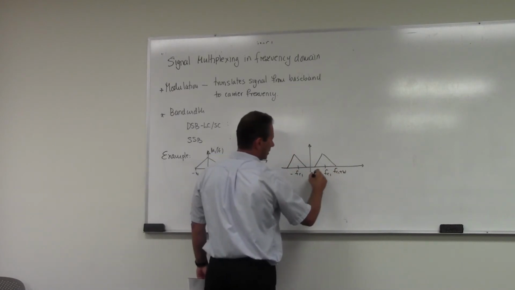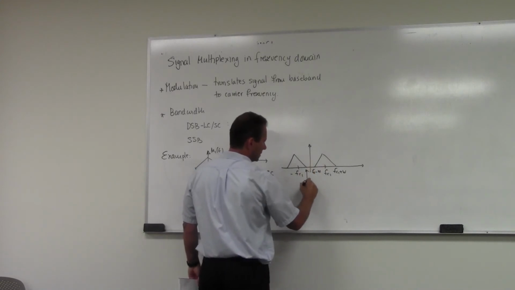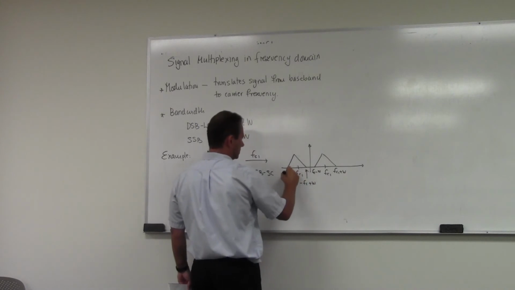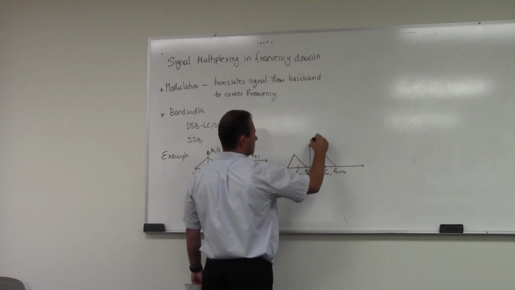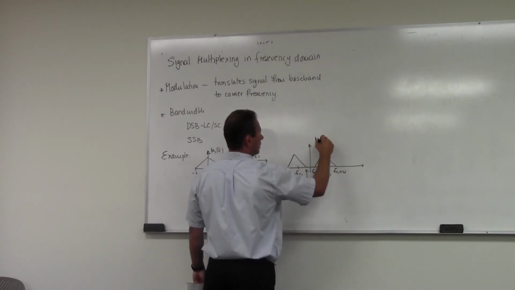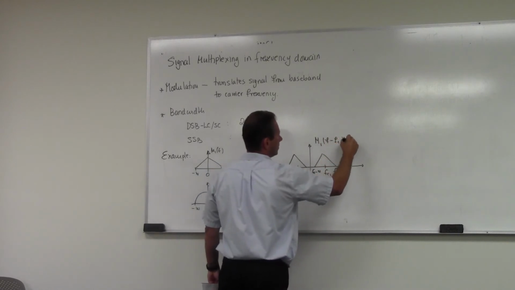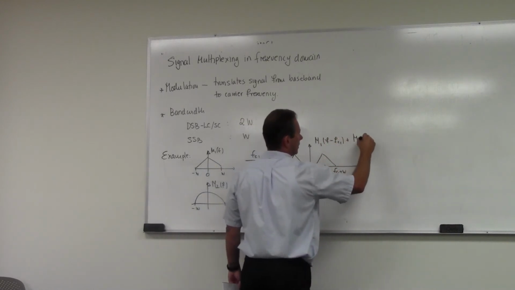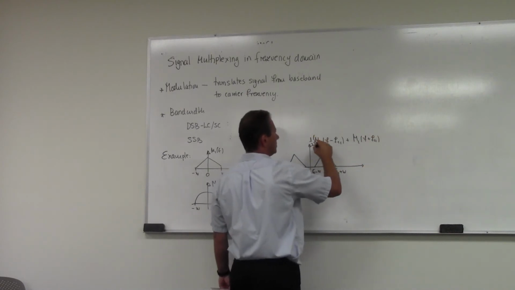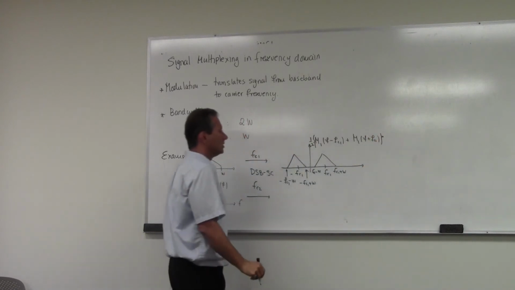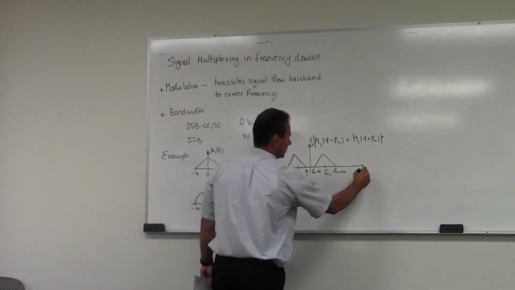This is FC1 plus W, FC1 minus W. This point here is minus FC1 plus W, and this is minus FC1 minus W. So this would be 1/2 M1 of F minus FC1 plus 1/2 M1 of F plus FC1, just to make the math work. So this is where the signal is in a frequency domain after modulation.